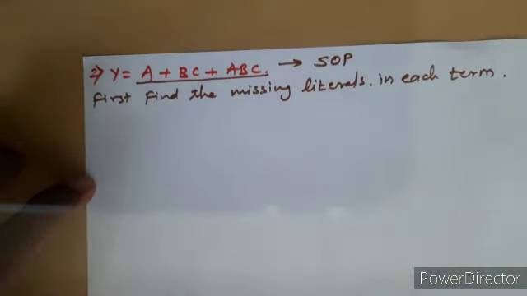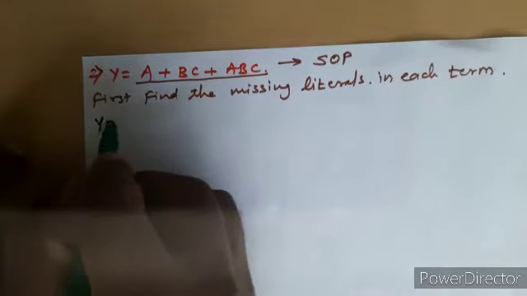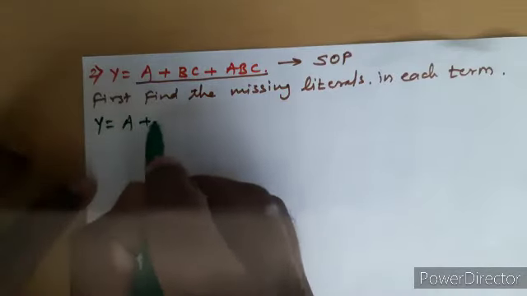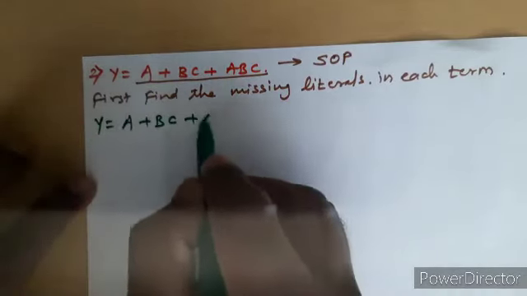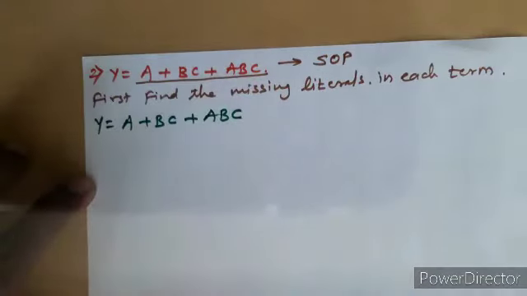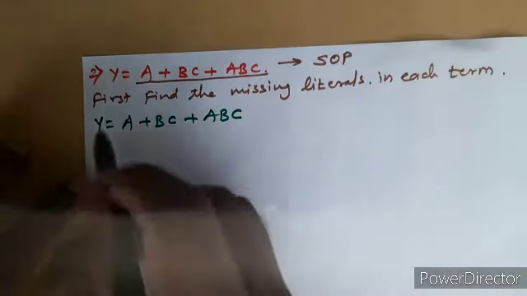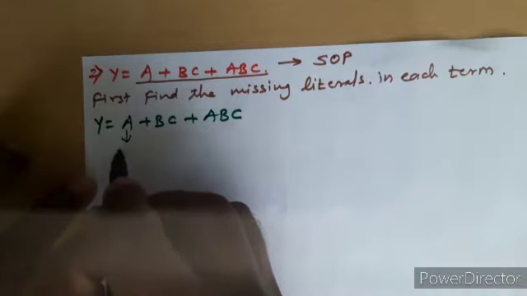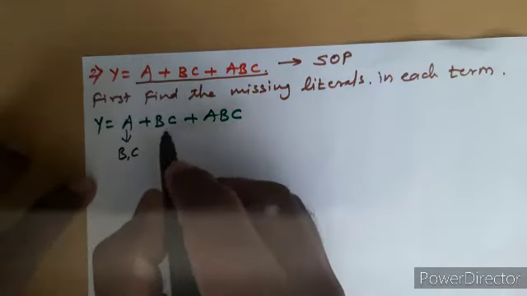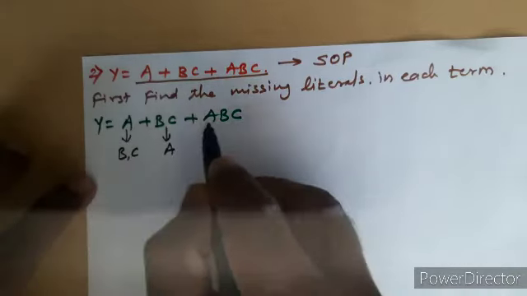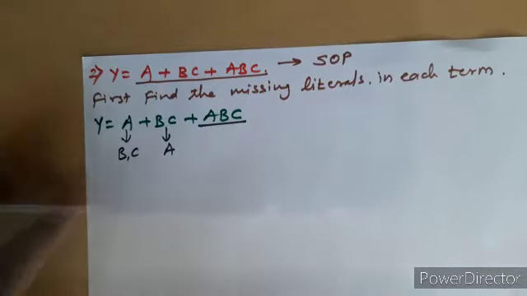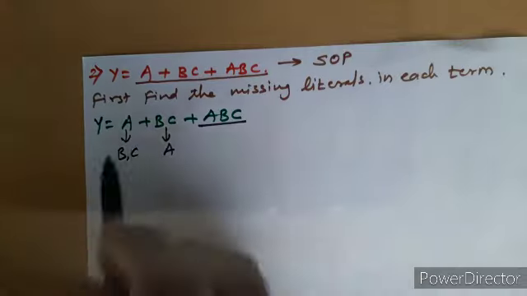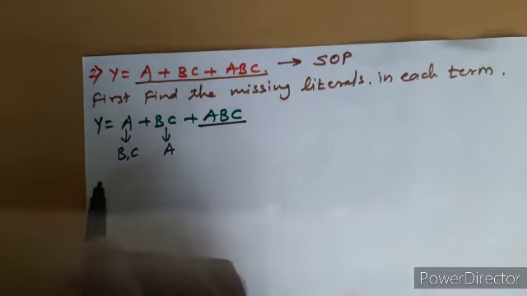Okay, so if I write down y equal to a plus bc plus abc, here if you see both b and c are missing, here a is missing and here no literals are missing. Okay, now how will I take this?